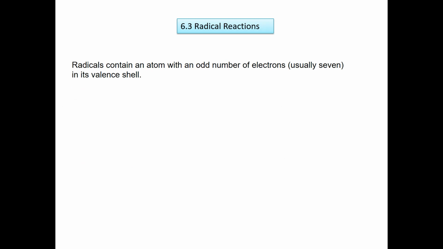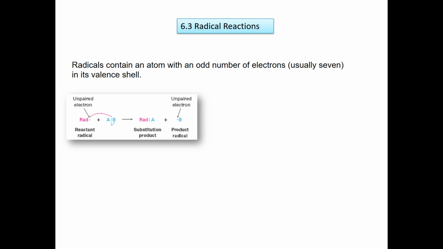If we focus on radical reactions, the radical reactions contain an atom with an odd number of electrons, usually 7, because it has to be the octet in its valence shell. Here you have an example, okay, A and B. This has an unpaired electron, it's breaking this bond, and we form another radical.